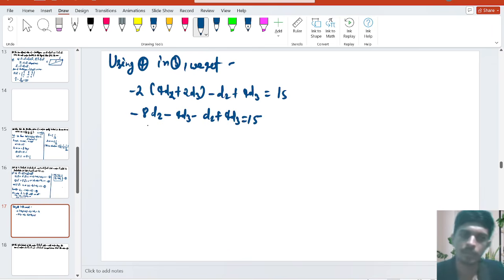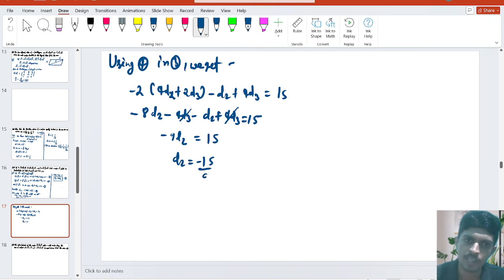So simplify it, minus 8D2 minus D2 is minus 9D2, minus 4D3 plus 4D3 cancel out. You get minus 9D2 is equal to 15. You get D2 is equal to minus 15 by 9. So 3 5s are 15 and 3 3s are 9. So D2 is equal to minus 5 by 3. I hope it is clear to you.